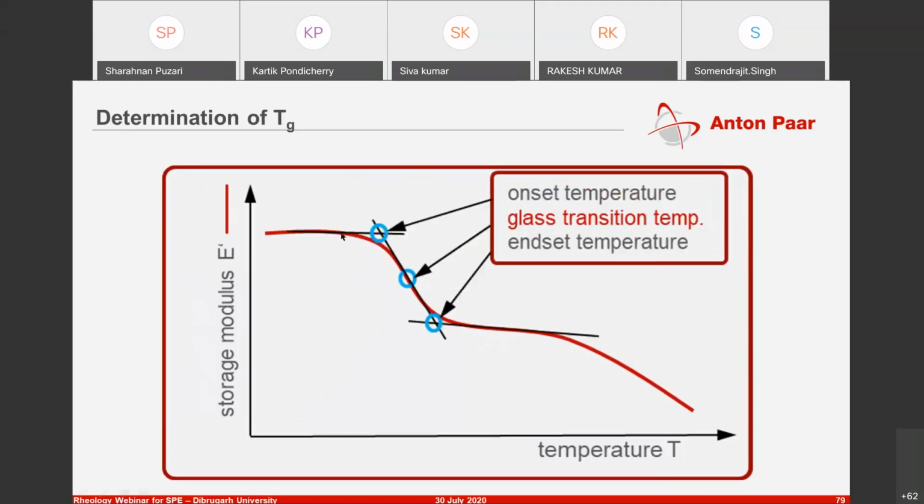So here you draw the tangents and you see at what point you have inflection, and that would be considered the glass transition temperature. Each of them has its own advantages and effects, but again, it is important whenever you're doing this to mention what method was used to calculate the glass transition temperature.